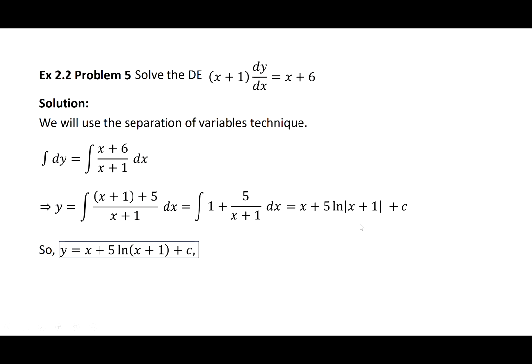So at x equals negative 1, natural log is not defined because natural log of 0 is undefined. So that means there is a discontinuity to this function, natural log of absolute value of x plus 1, at x equals negative 1. So what?